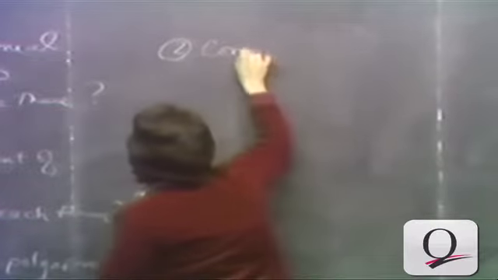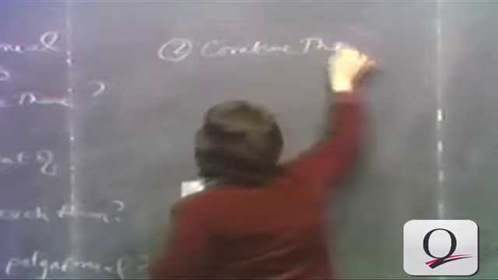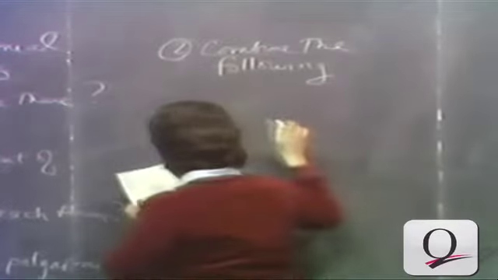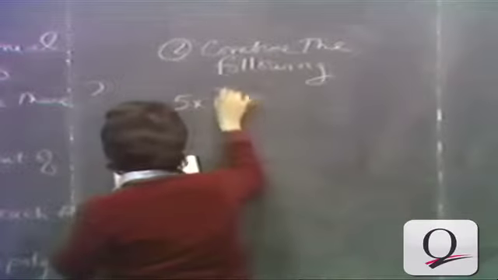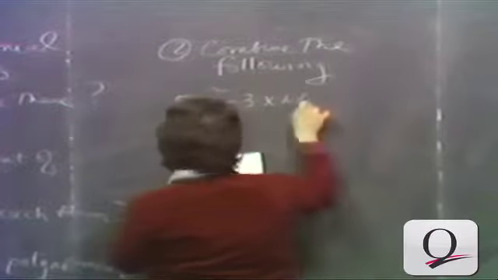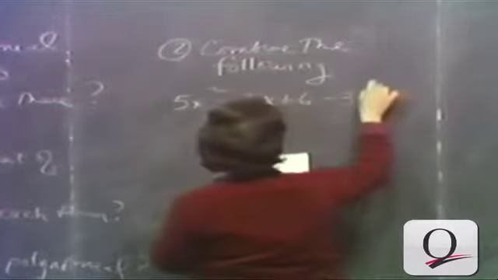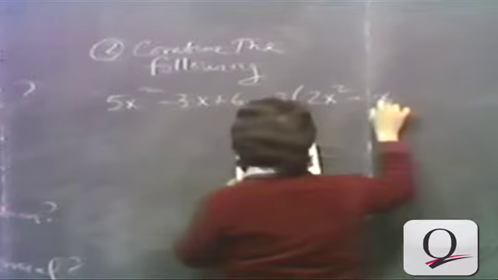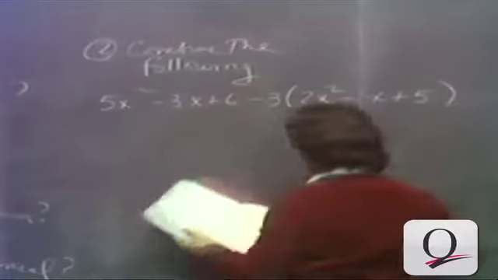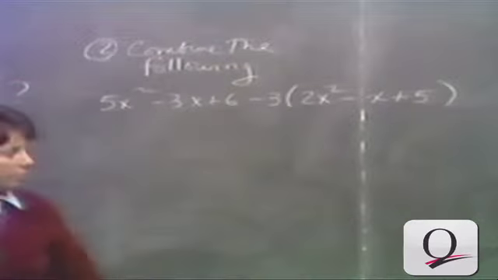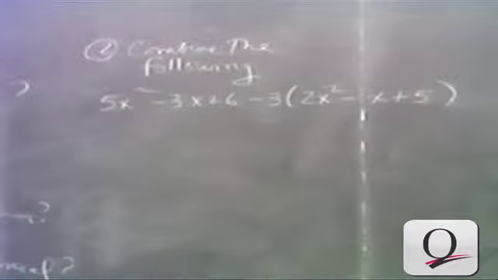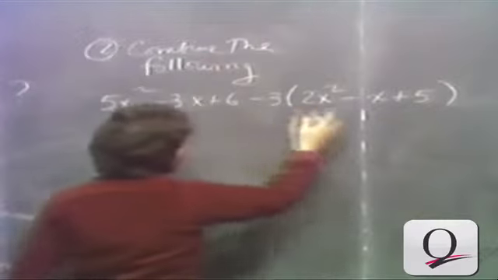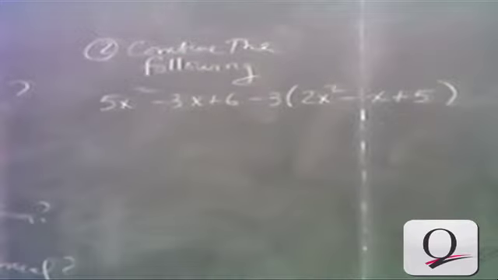Combine the following. 5x squared minus 3x plus 6 minus 3 times, in parentheses, 2x squared minus x plus 5. Okay, so what we have here is this polynomial, and we're going to subtract 3 times this polynomial from it.